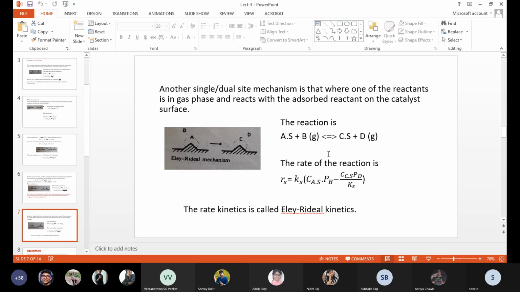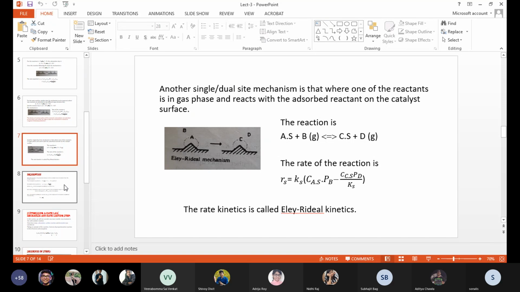This rate kinetics is called Eley-Rideal kinetics, where one of the reactants is not adsorbed on the surface of the catalyst. Others may adsorb, but at least one of the reactants is not adsorbed.